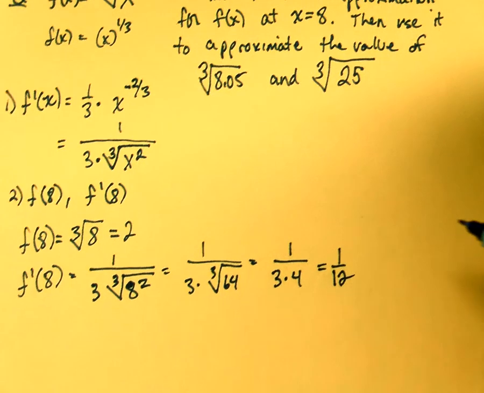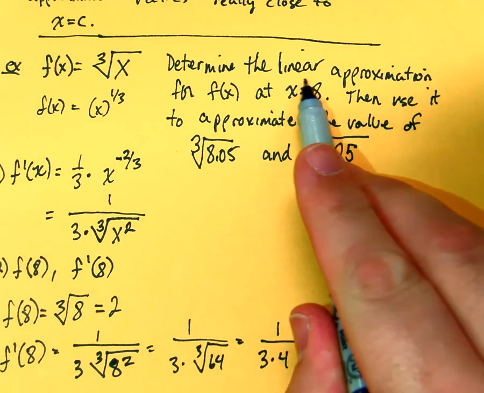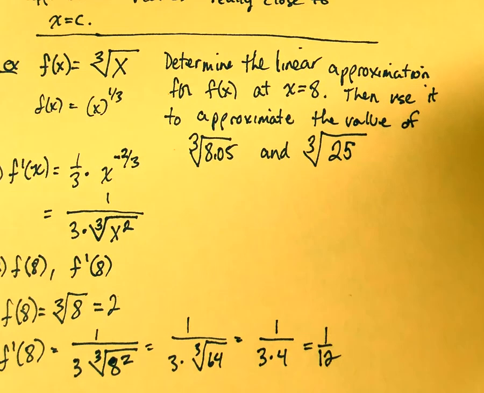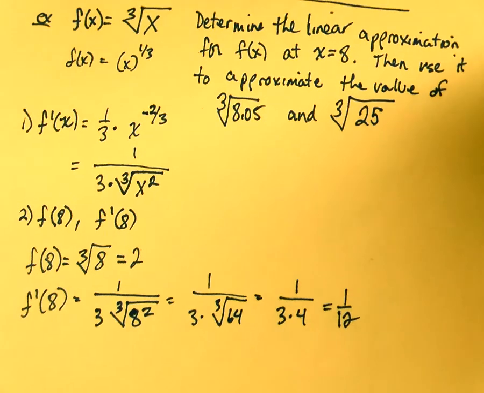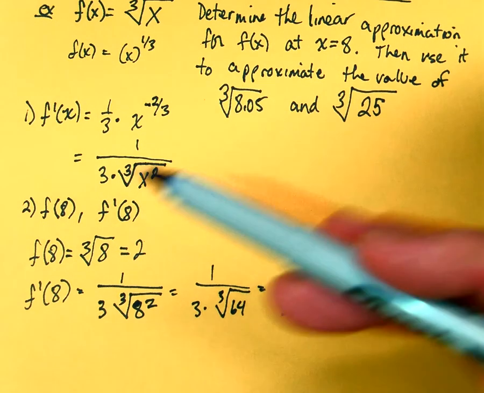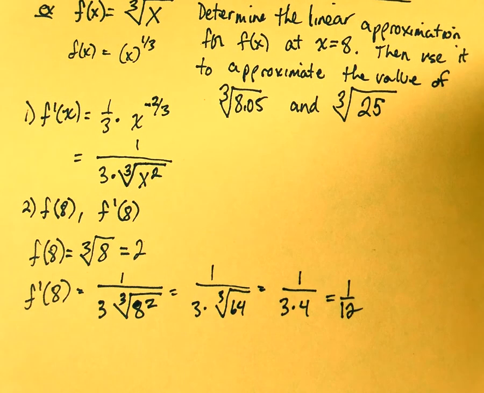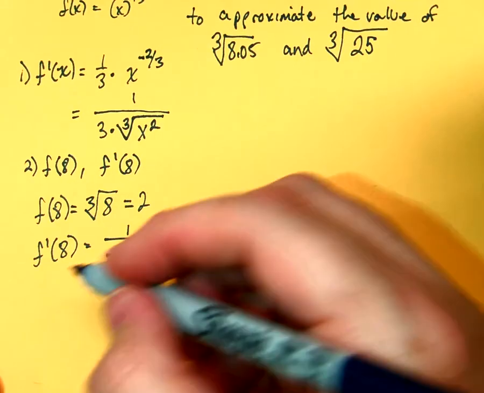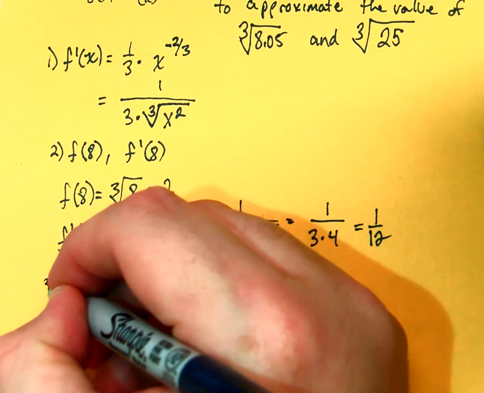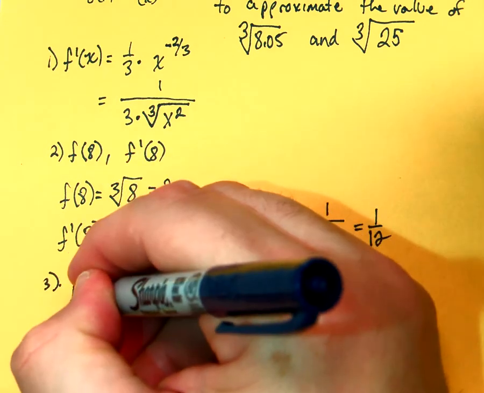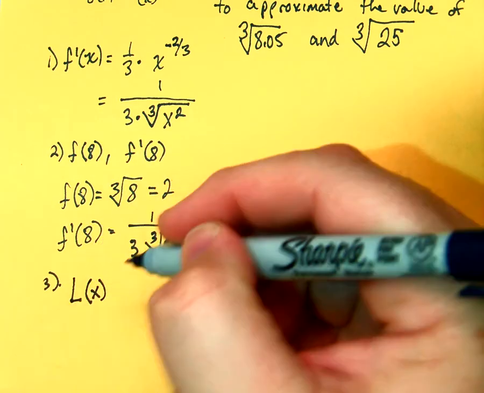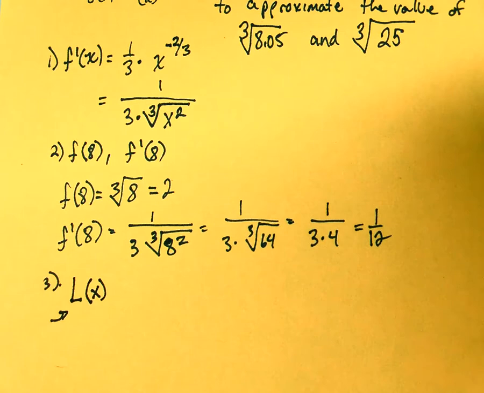So if I'm doing linear approximation, what do you think the equation is going to be? Linear is a line, right? And so for step 3, we'll call this L of x, because we're very creative in the mathematical world.